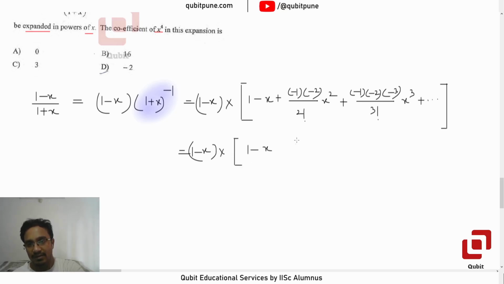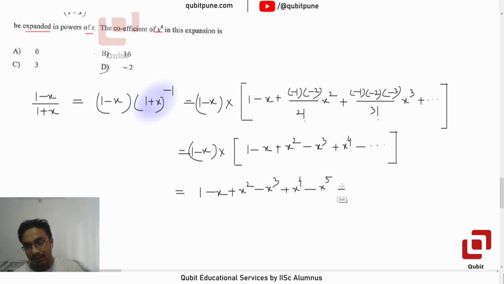It boils down to a pretty simple form: 1 minus x plus x squared, everything gets cancelled except for the negative sign, minus x cubed plus x raised to 4, and so on. First let us multiply 1 minus x by this, so this term will be there, minus x raised to 5, and so on.